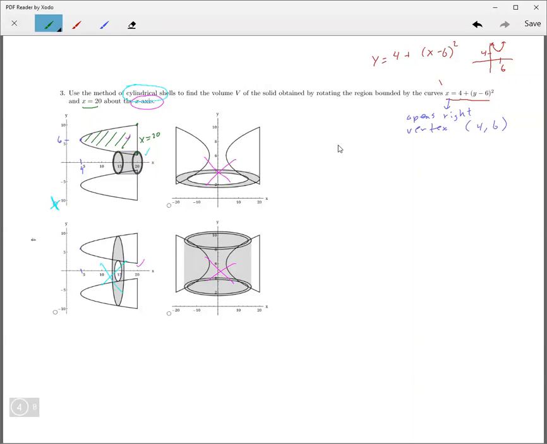Okay, so I'm going to take that expression, x equals that, and set it equal to 20. Subtracting 4 from both sides, I get this. Taking square roots, I get plus or minus 4.